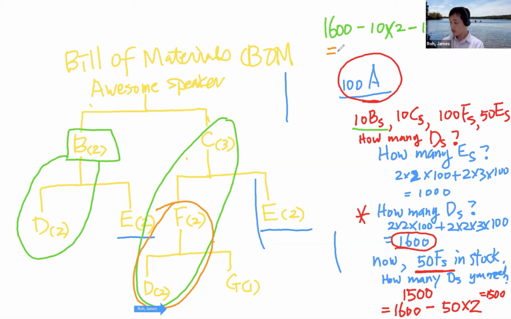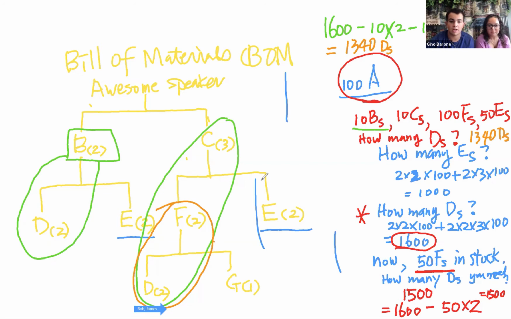That was 1340. 1340 Ds. So the answer is 1340 Ds. Excuse me, I got 1350. If we follow my calculation, it should be 1340, right?